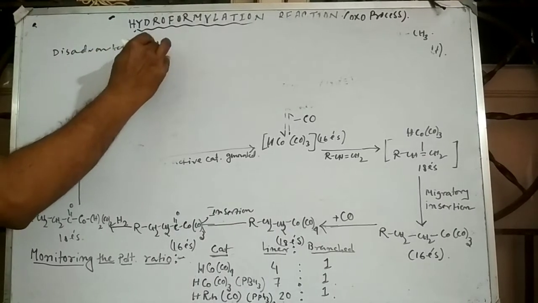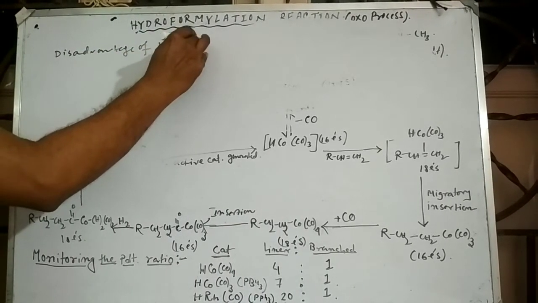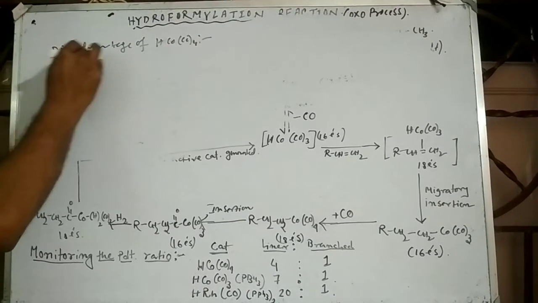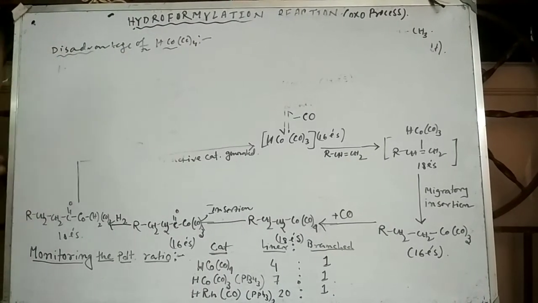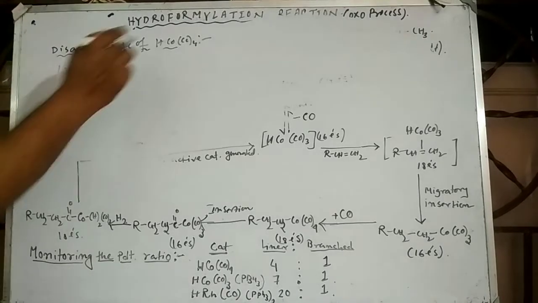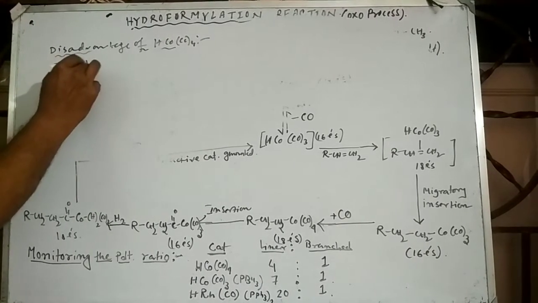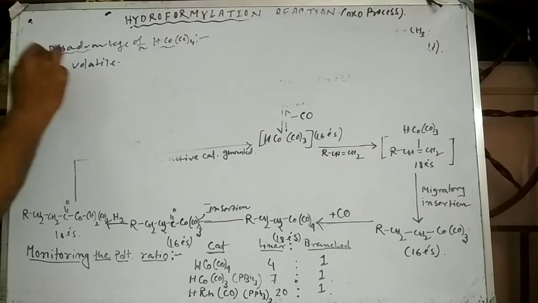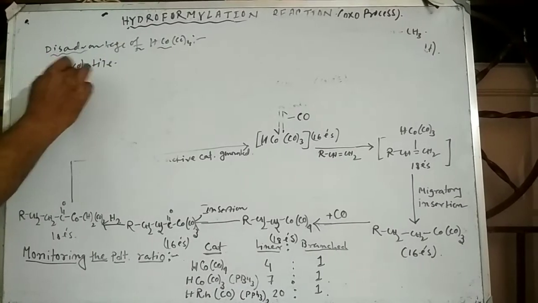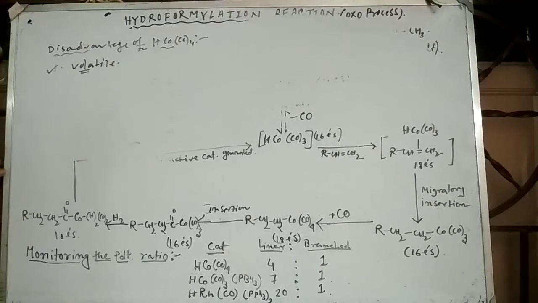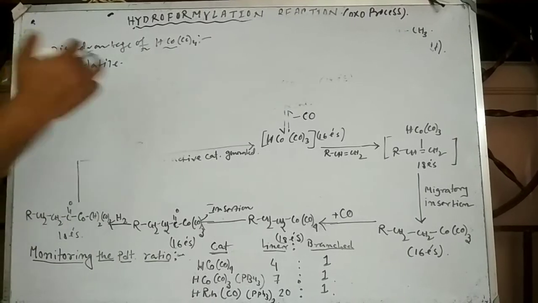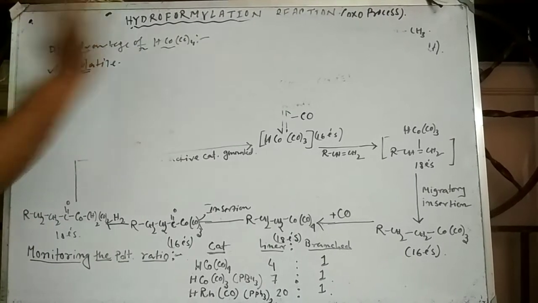The first point: HCo(CO)4 is volatile. That's why the product is contaminated by this catalyst.